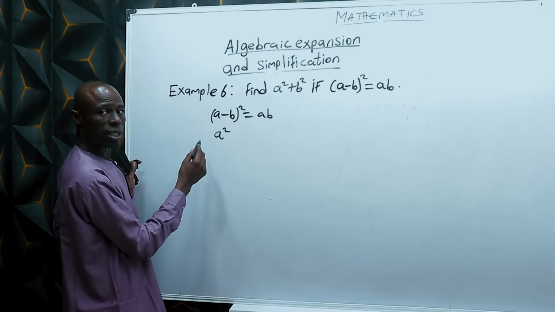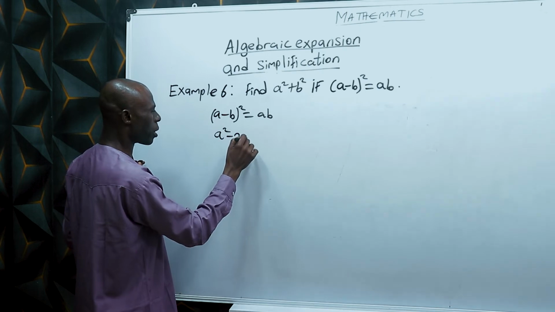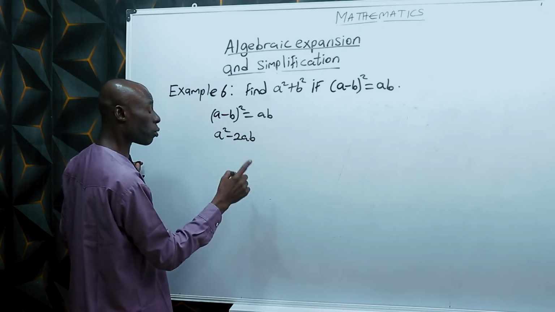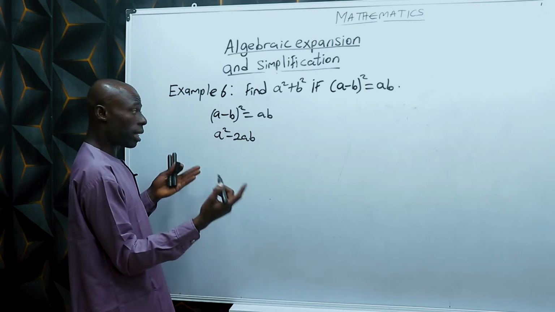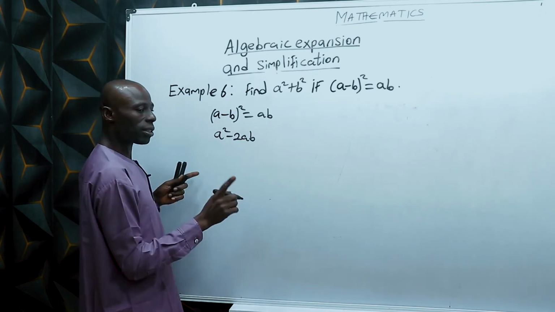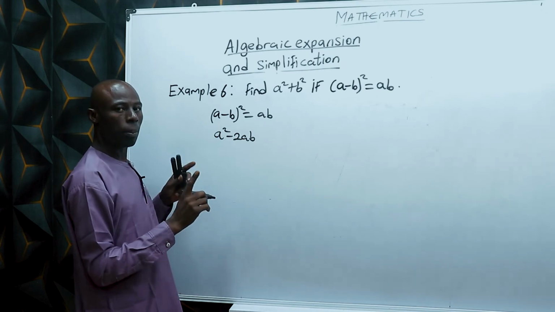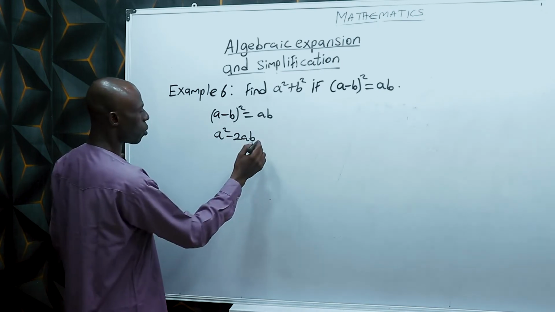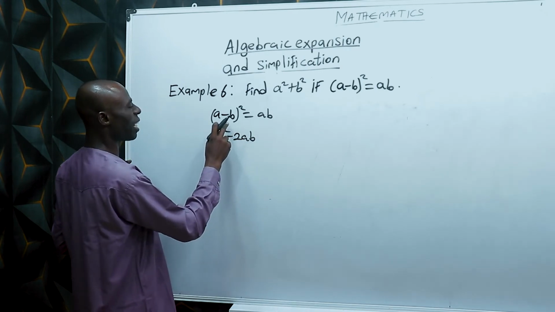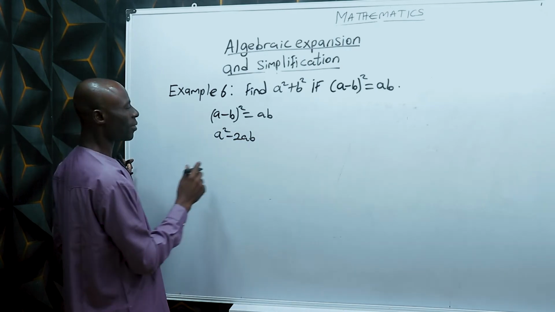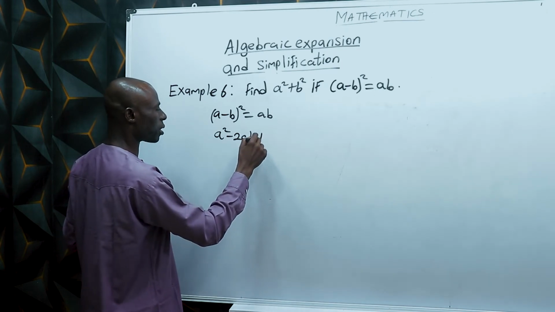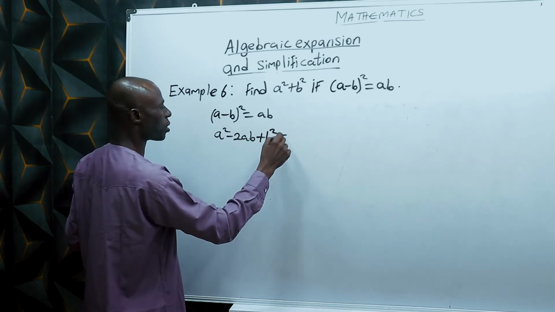Multiply everything you can see, that is minus 2ab. If you write minus 2ba, it's the same thing as minus 2ab. That ordering does not matter, the rule of commutativity covers it. So, square the last thing in this bracket. The last thing in this bracket is negative b. Squaring it is positive b squared, which is equal to ab.